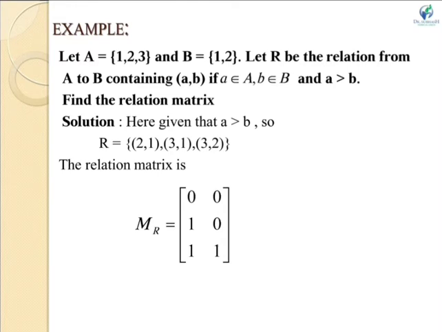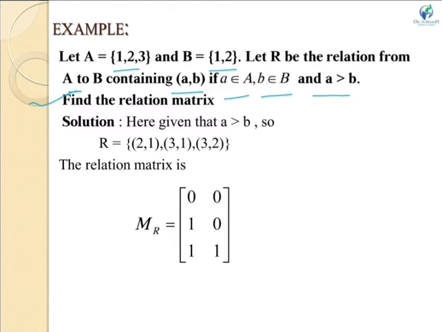Let us take one example. Let A equal to {1, 2, 3} and B equal to {1, 2}. Let R be the relation from A to B containing (a, b) if a belongs to A and b belongs to B and a greater than b. Find the relation matrix.